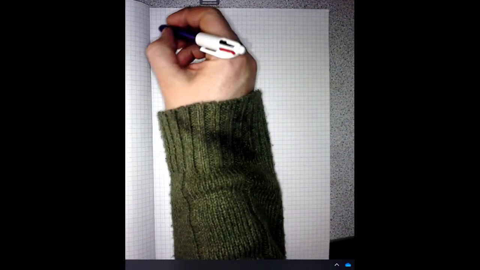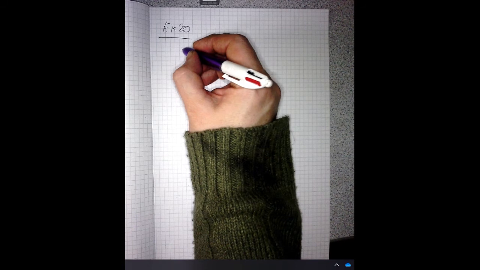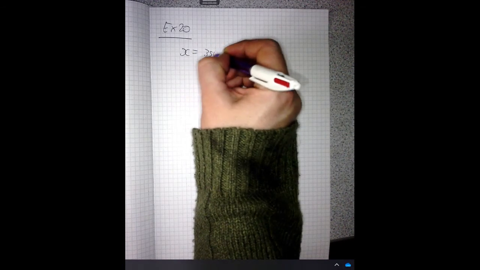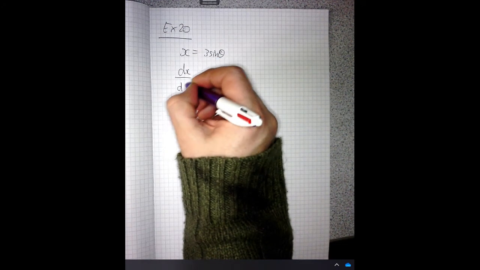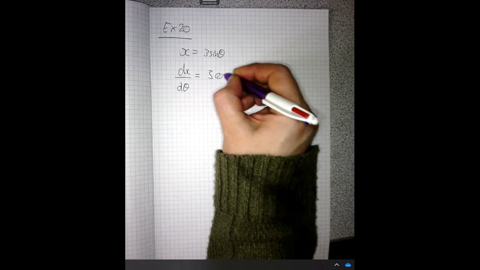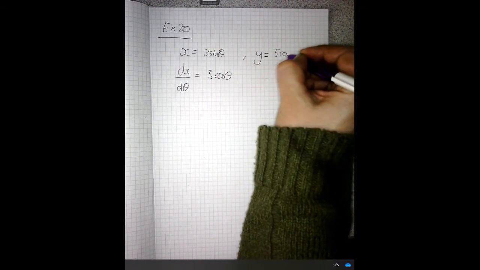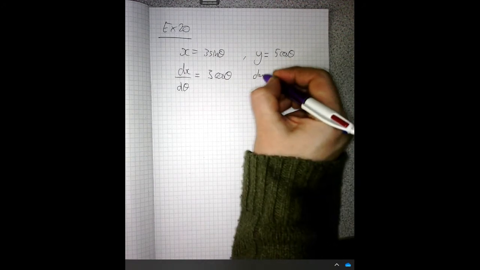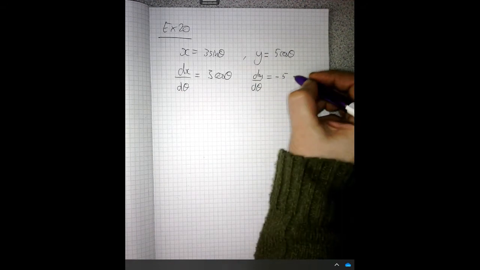Example 20. X is 3 sine theta, so dx d theta is 3 cos theta. Y is 5 cos theta. Dy d theta is minus 5 sine theta.